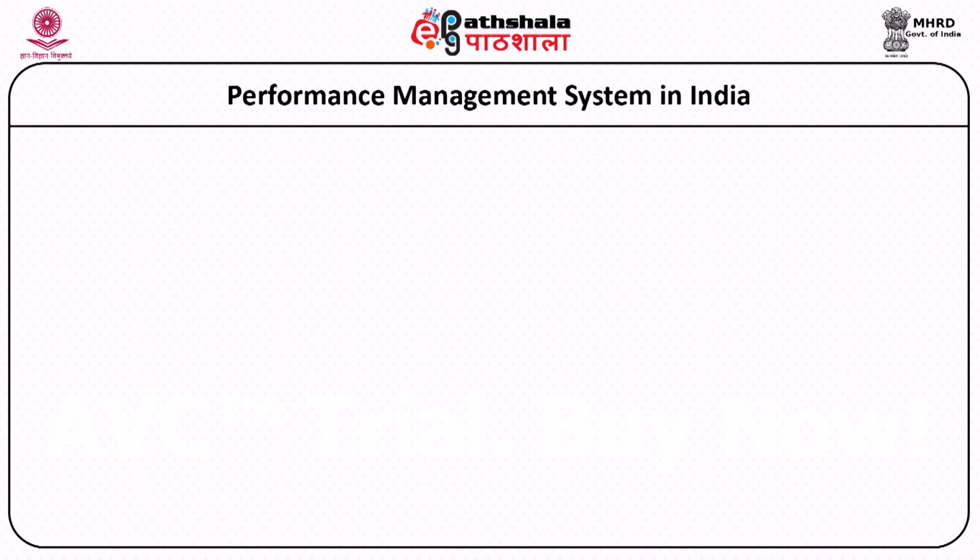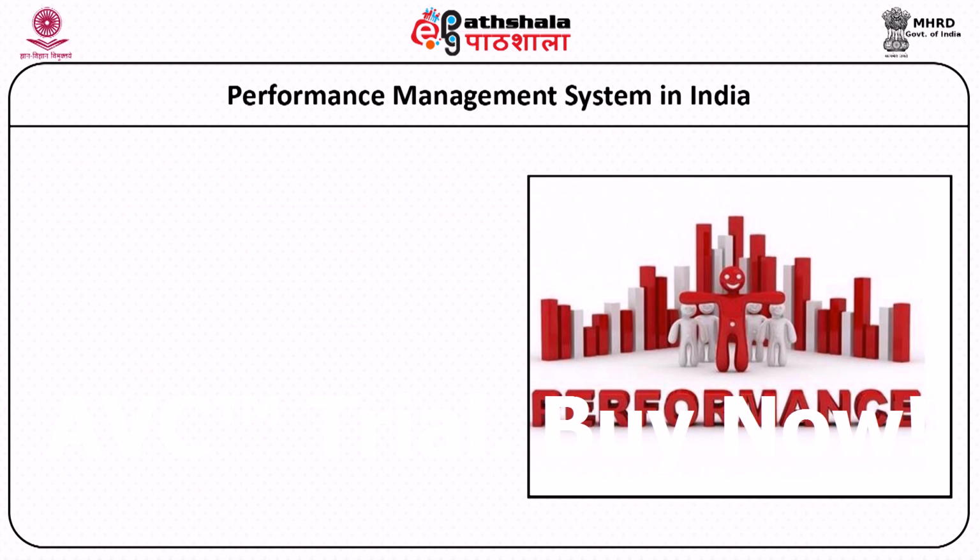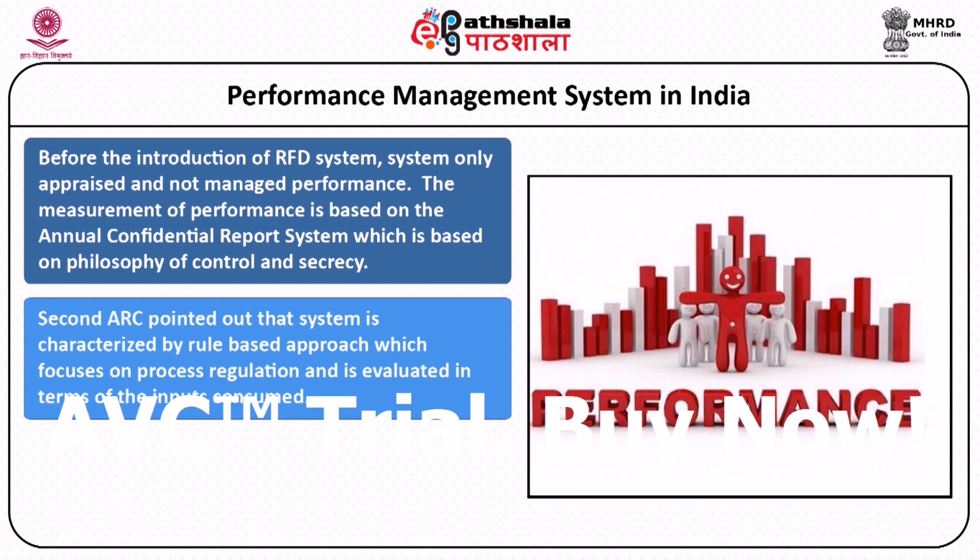Performance management in India. Before the introduction of Result Framework Document, in India, we only appraised and not managed performance. The whole system was based on annual confidential reports in which the superiors appraised the performance of the different employees within the organization.